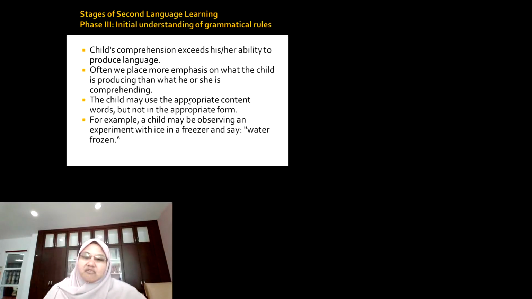Frozen is actually an adjective that describes the word water. It is still very complex for the child to understand, but they will get it as they go along, and they feel motivated as they listen to more English words being used around them.